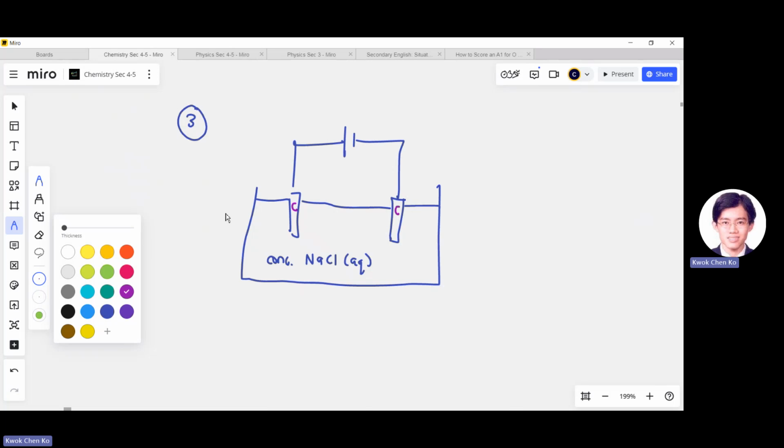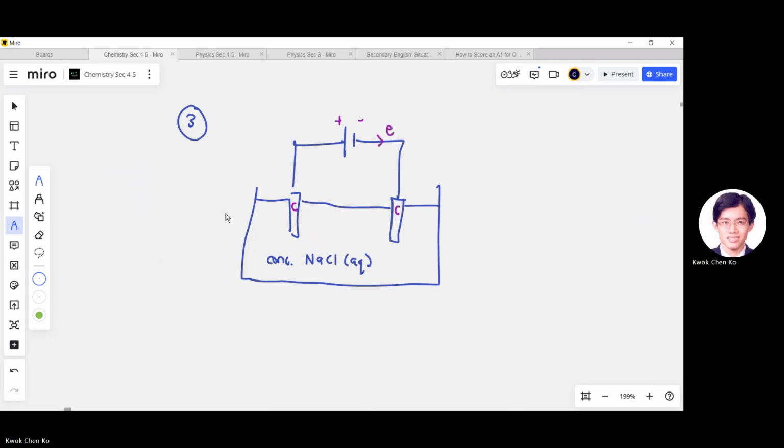Okay, what else can I write? Electrons? What's the flow of electrons? Coming out of the negative terminal. Of course, current is in the opposite direction. If you know all of this very well, then obviously no need to write them out. But if not, I strongly suggest you write them out. Quick one.